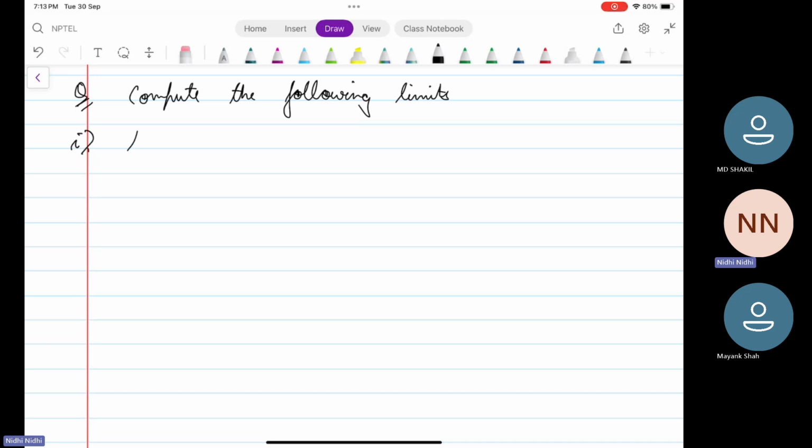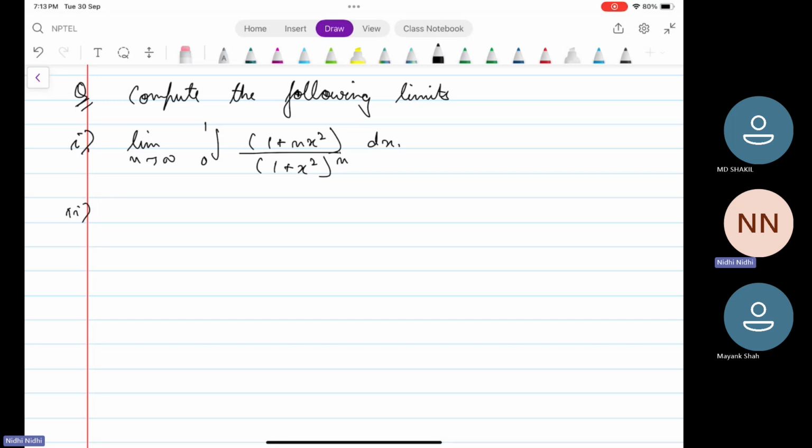This one: limit n tending to infinity, integral 0 to 1, (1 plus n x square) upon (1 plus x square) to the power n, dx.